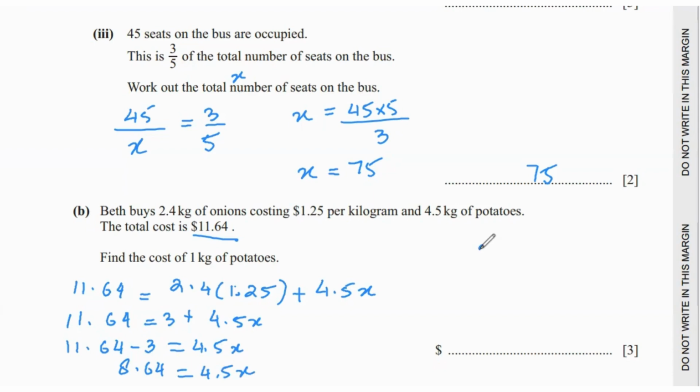And then we divide 8.64 by 4.5, which is going to give us $1.2. That is the cost of 1 kg of potatoes.